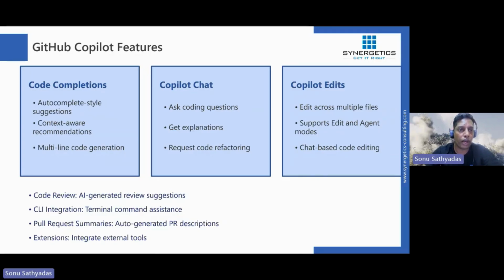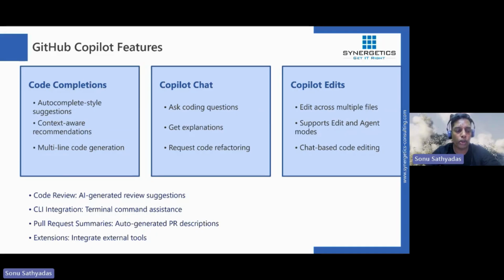Suppose if I have to connect to database, then it will use a function to connect to the database. If I have to read or write something to the file, the large language model will tell the agent, okay, now you can use this function to write and read the data from the file. So agent is a collection of or combination of large language model and a group of tools.